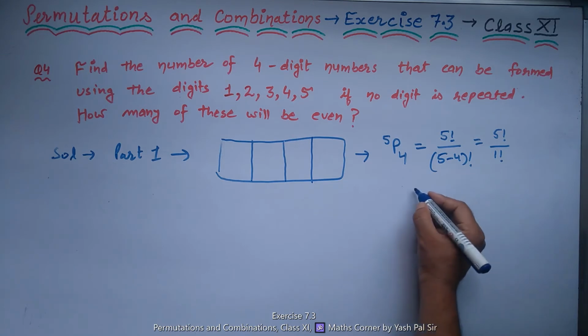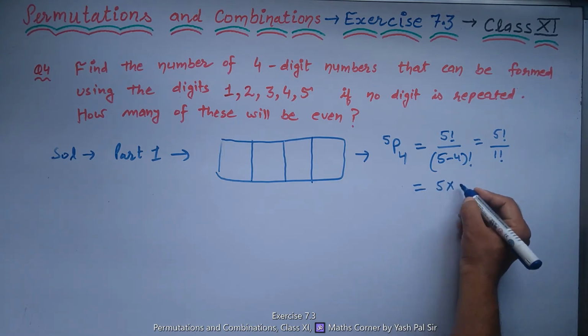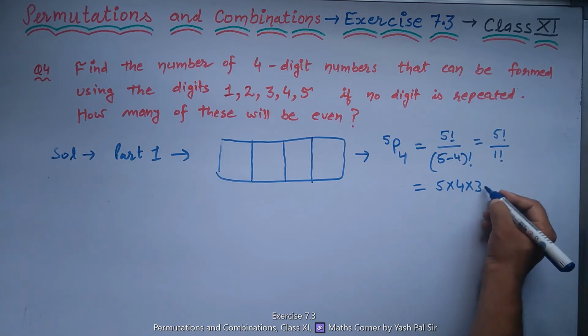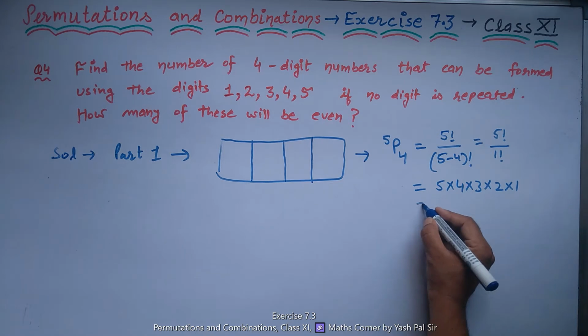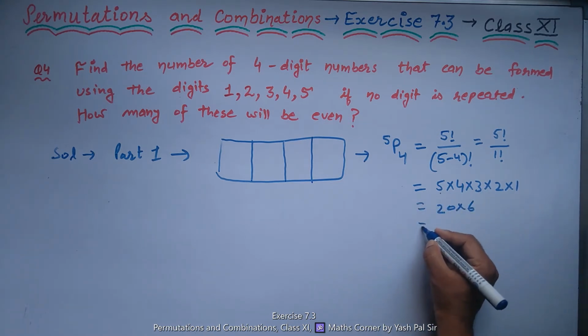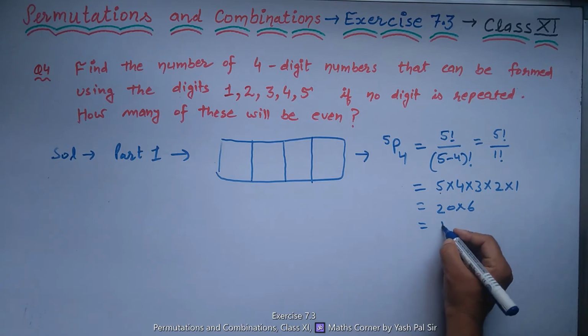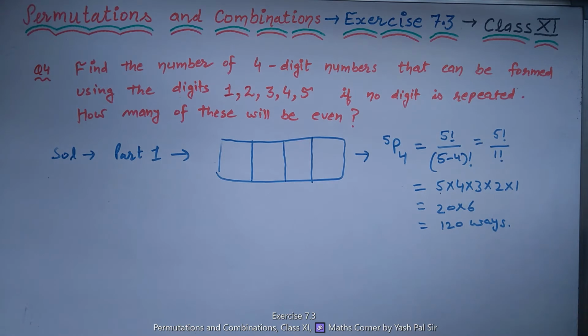We know the value of 1 factorial is 1. So 5 factorial means 5 into 4 into 3 into 2 into 1. 5 into 4 is 20, 3 into 2 is 6, equal to 120 ways.